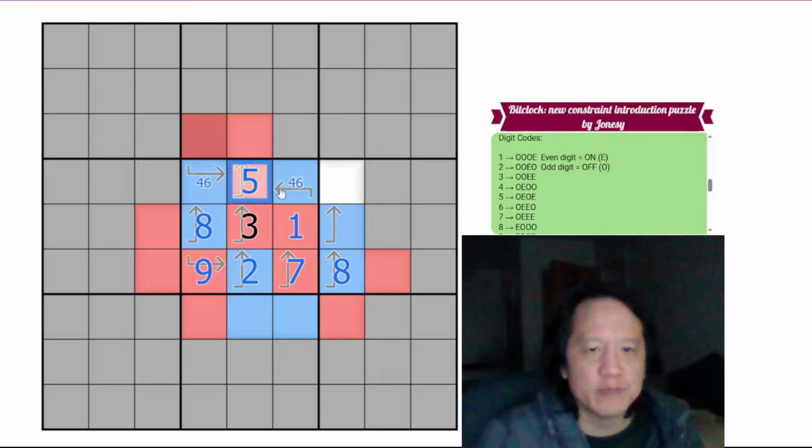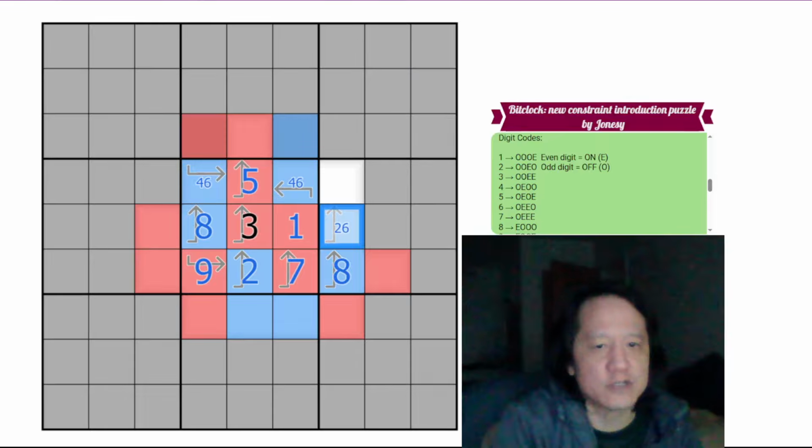The 4 bit must be on for both 4 and 6, so this must be even. This can't be 8. It has a 2 bit on, right? So therefore it cannot be 4. This is 2 or 6.